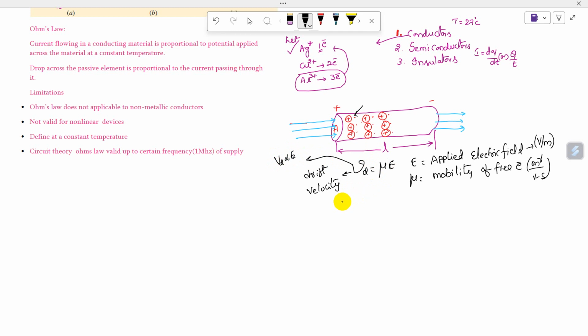So how much kinetic energy is acquired by my moving electron? That is given by half into me into Vd square, in joules, where me is called effective mass.